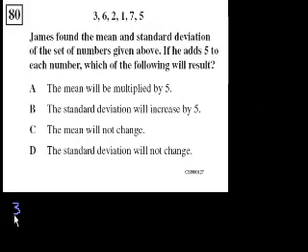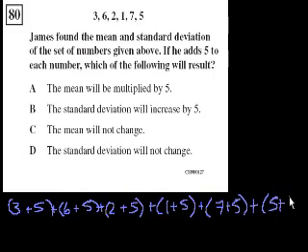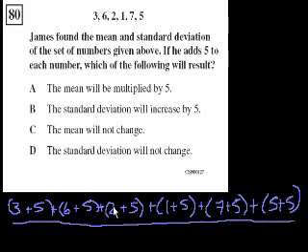If I said 3 plus 5, and I'm going to add that to 6 plus 5, plus 2 plus 5, right? I'm adding 5 to every number. Plus 1 plus 5, plus 7 plus 5, plus 5 plus 5. All of that divided by, there's 1, 2, 3, 4, 5, 6 numbers, right?